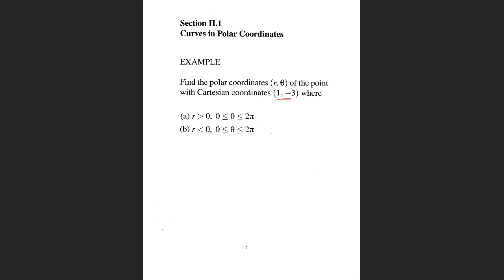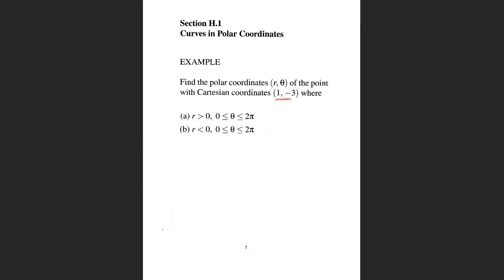But for 1, -3, I don't think we have an angle like 30 degrees, 60 degrees, 90 degrees, or any multiple of those that's going to work here. But that doesn't mean we can't do the problem. It's the same kind of setup as the last problem.